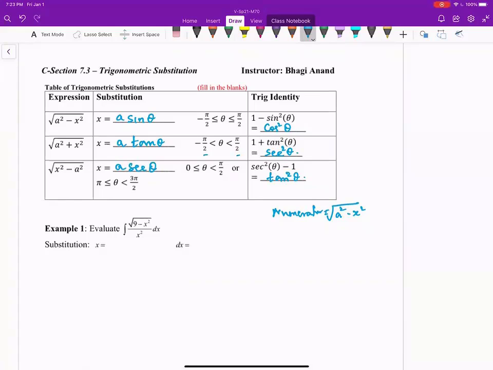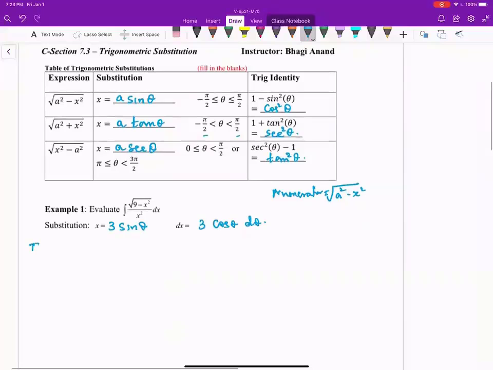So we are going to substitute x equal to a sine theta. Here it is 9, which is 3 square, so x equal to 3 sine theta is the best substitution. Then dx equal to 3 cosine theta d theta.